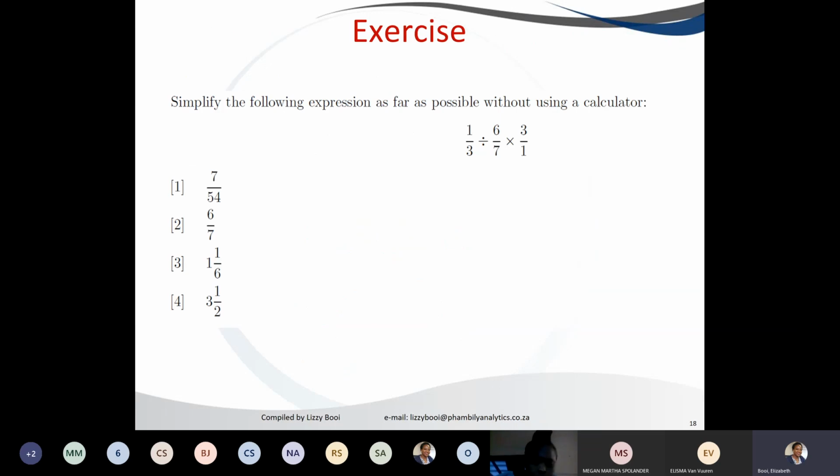And there is your exercise. Let's see how far you can get by 5 to 7. I will check if you have the answers. So we will go into break, and I will see you at 5 past 7. If you have any questions, you are free to ask.